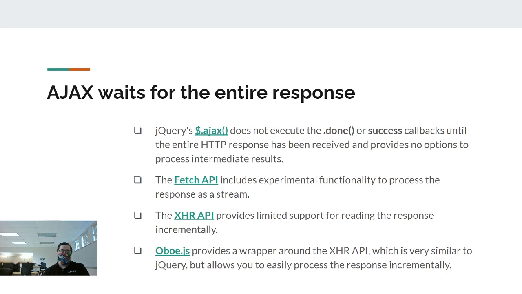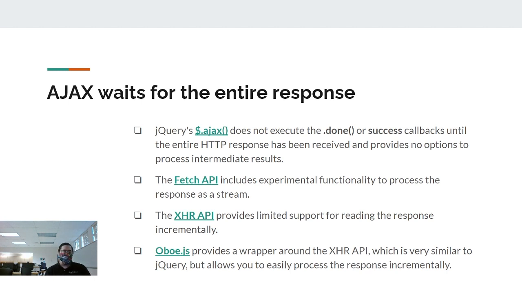You can take the AJAX method that you have and replace it with Oboe, and all of a sudden you can process results incrementally instead of waiting until they're entirely done. Oboe is really the tool I would recommend, because it turns out to be the easiest one to use nowadays. It deals with a lot of those problems and makes it pretty easy to work with.